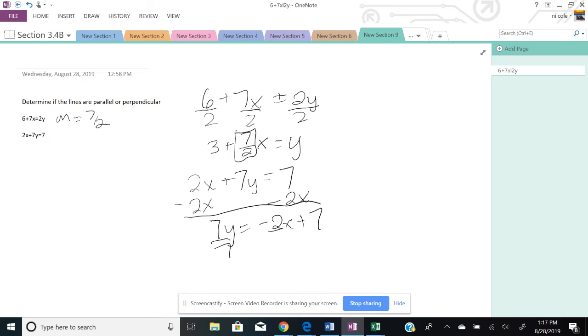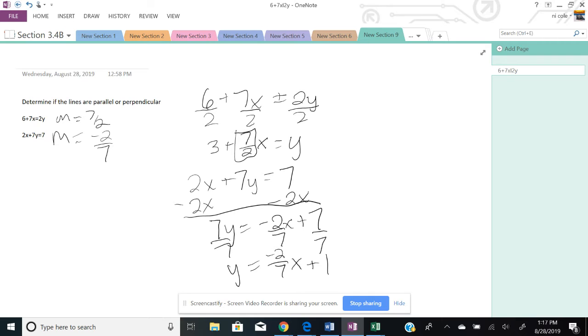Divide by 7, divide by 7, divide by 7. Y is equal to negative 2/7 x plus 1. All right, so my slope here is negative 2/7. I think I said that incorrectly. It's negative 2/7 x plus 1.